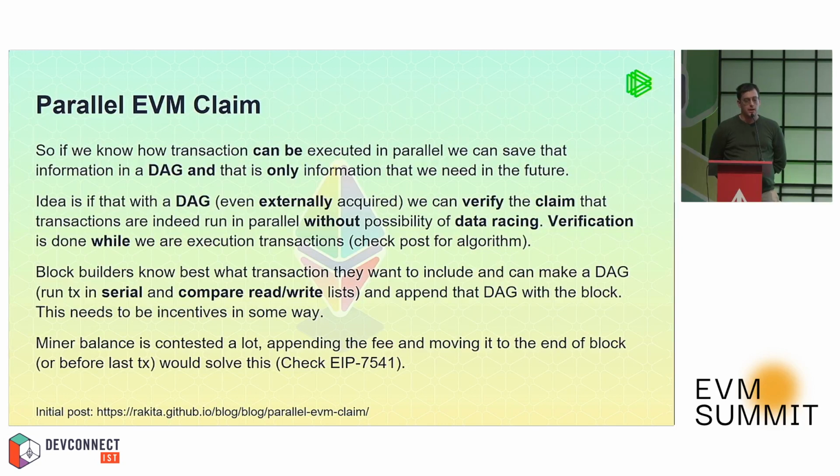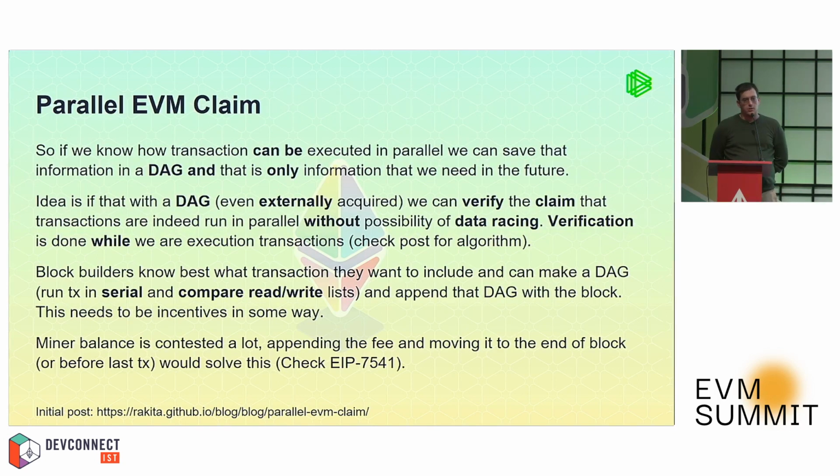The main idea is if you have that DAG, you can execute transactions in parallel, and while you are executing, you can check if the claim of parallelism is correct. That means if there are data races or something like that, you can abandon that execution and just execute serially. How that could be implemented inside the protocol is very far-fetched. It is years of research after this.